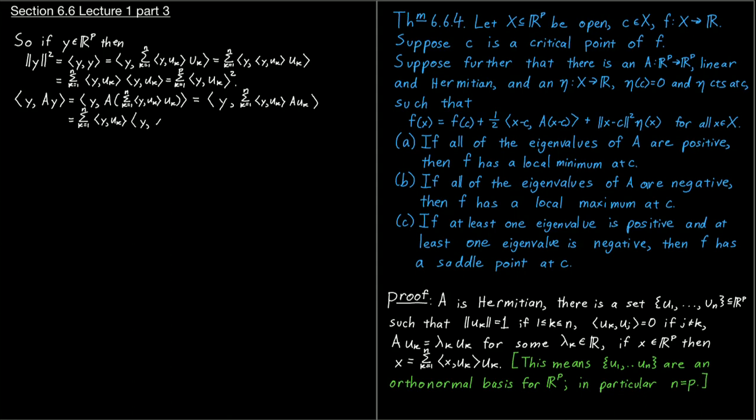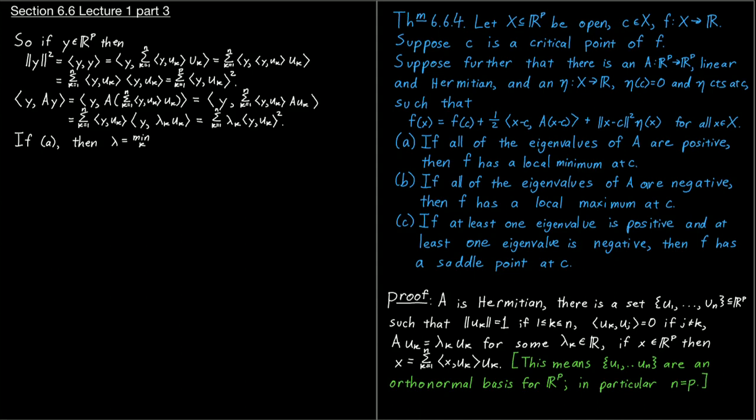But Auk, remember, is just lambda k times uk. And then we pull the lambda k's out. And we get our inner products of y with uk, squared. And now in case A, if all of the eigenvalues are positive, then we can just take the smallest of them.